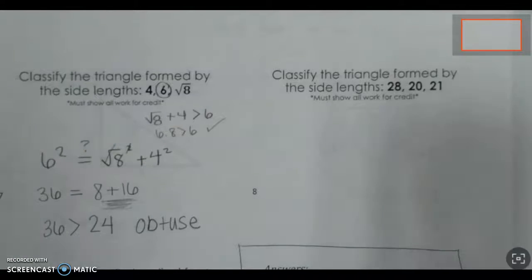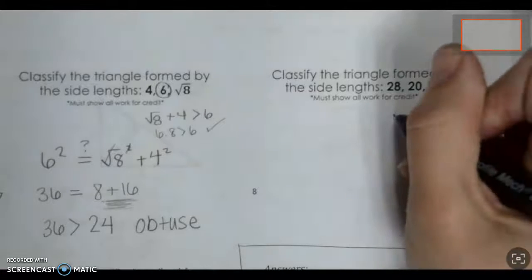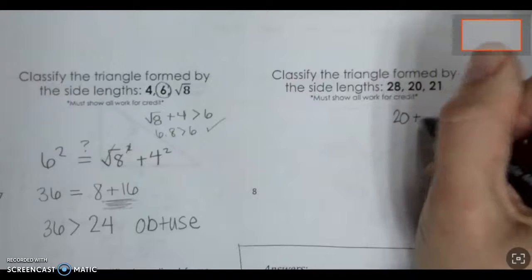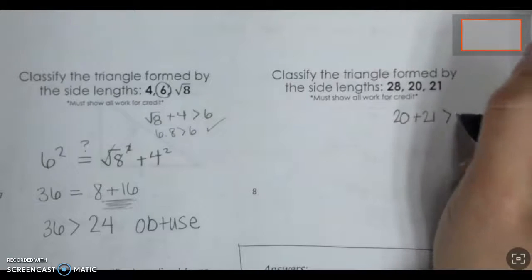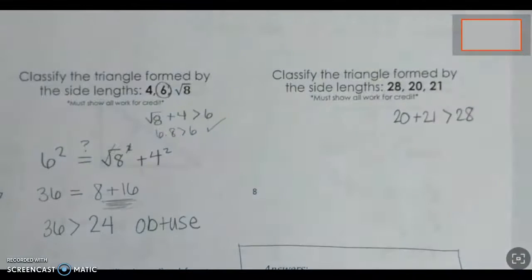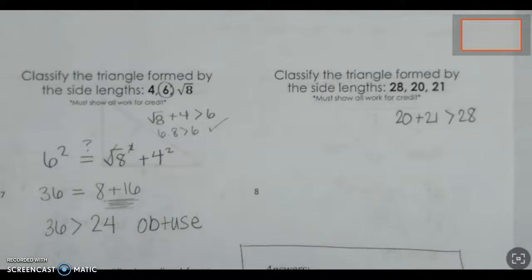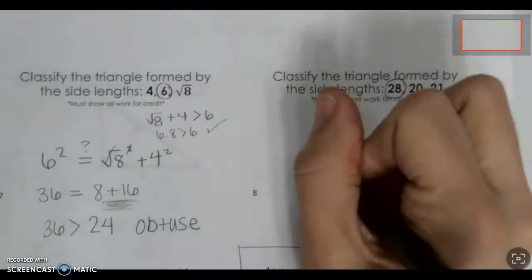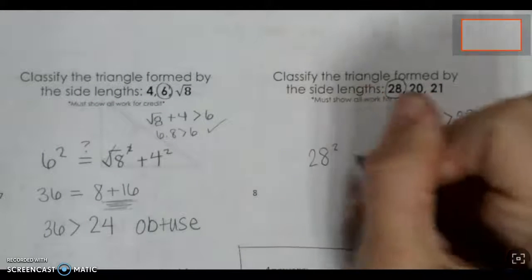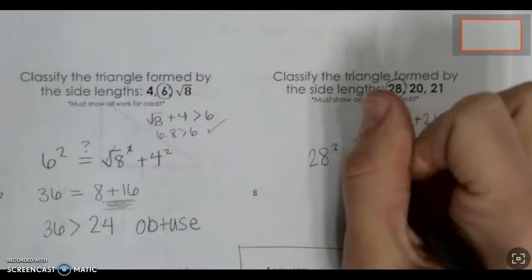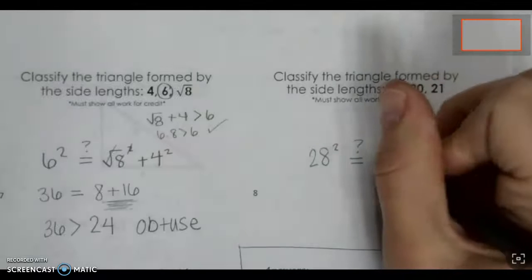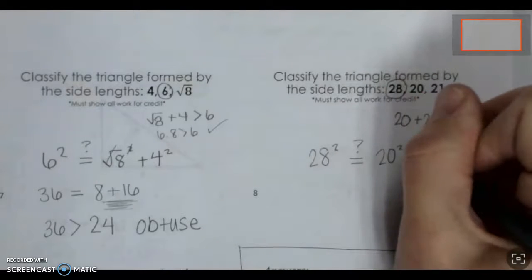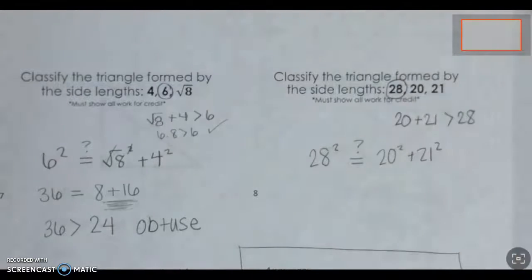So this last question here, did you do in your head, is 20 plus 21 bigger than 28? The answer is yes. That means I'm allowed to continue on and do the problem, okay? So yes, that works. Okay, biggest number is 28. 28 squared, and I'm checking to see, is this equal to 20 squared plus 21 squared?